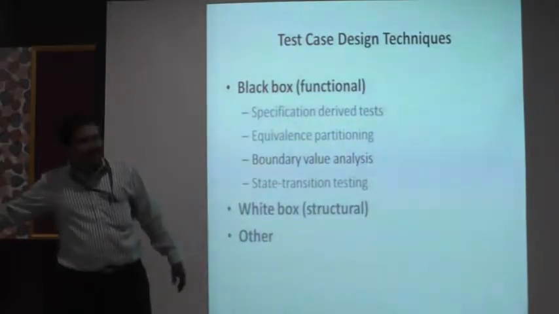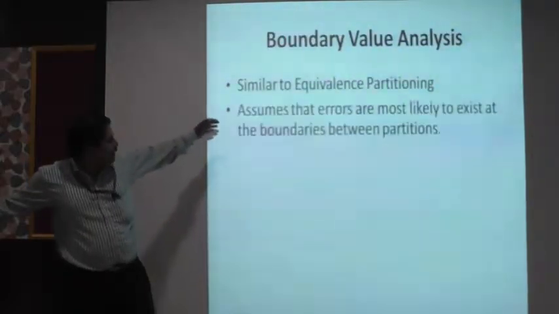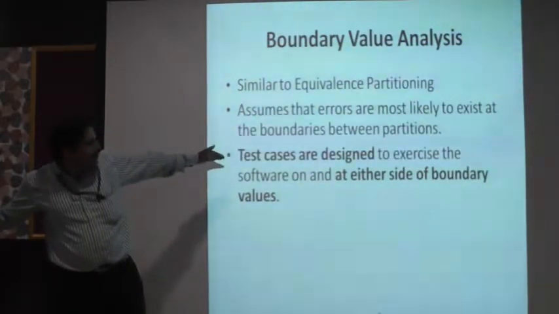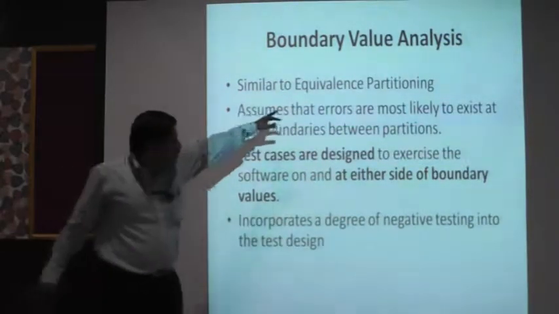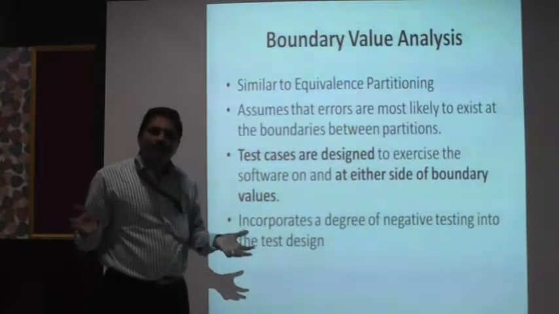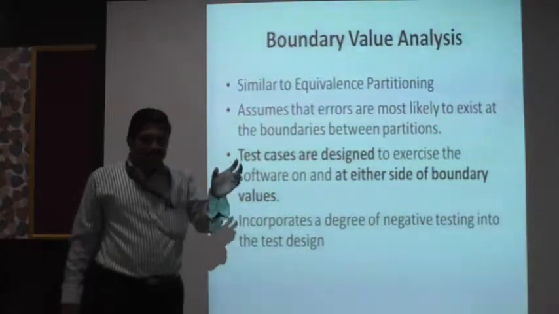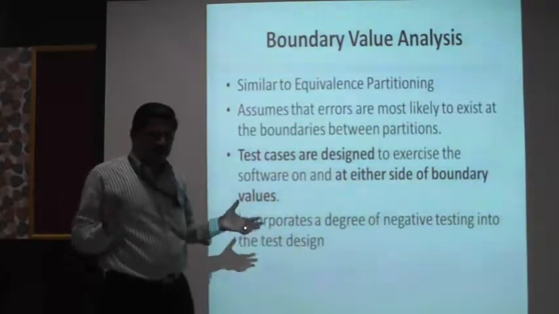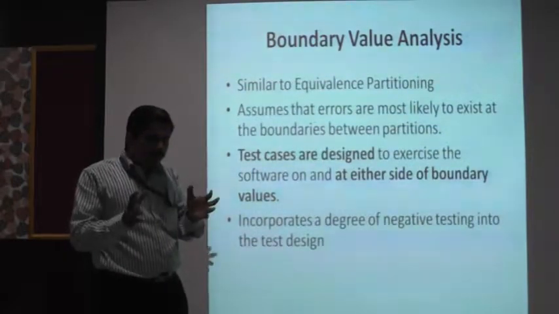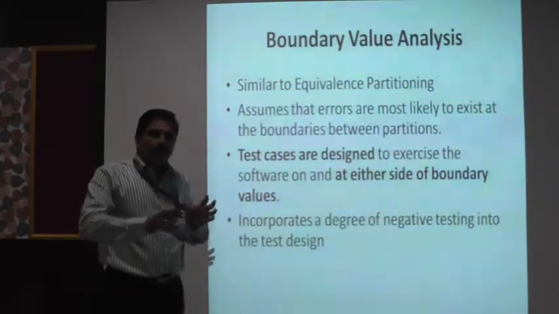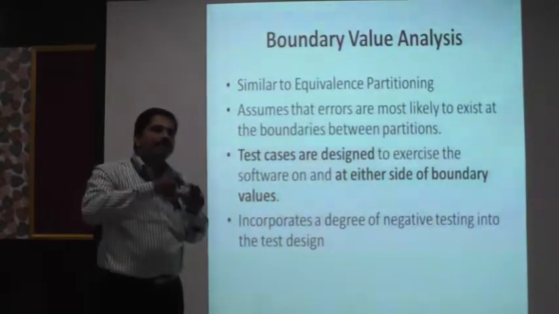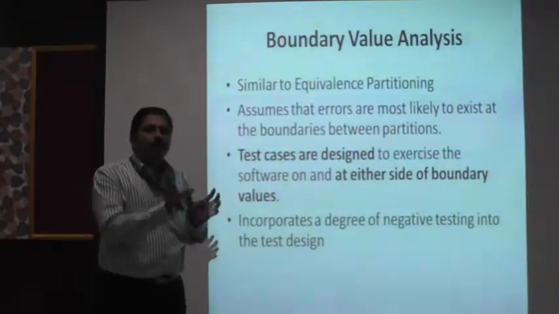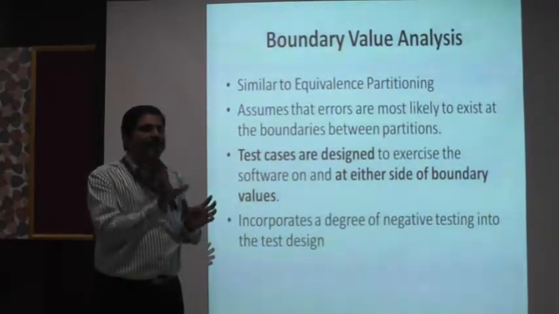Here, let us see an example. This is also similar to equivalence partitioning. That is, here the lower limit and the upper limit of the input are specified. So whatever input you give, it should lie within the lower limit to the upper limit, between 10 and 50.